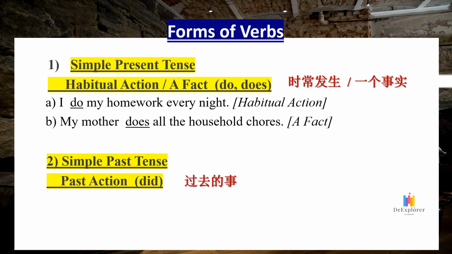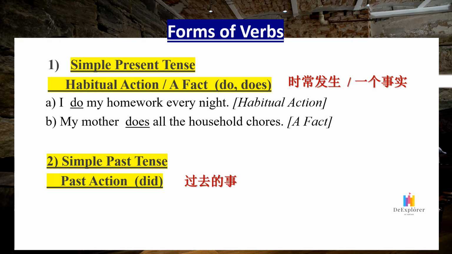See, so I told you earlier, 不同的时间 那个动词就要换了。So in this case, we are talking about 过去的事, that's past action. Therefore, the verb has to be changed. So you can't use do or does anymore. You need to use did.